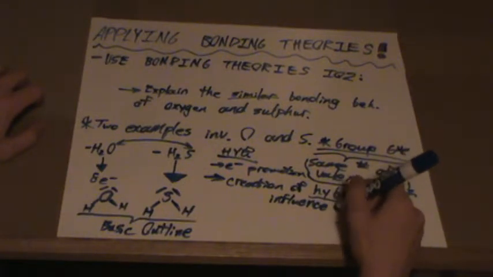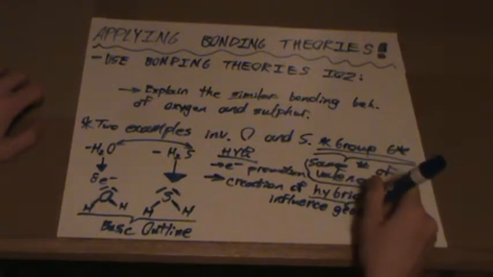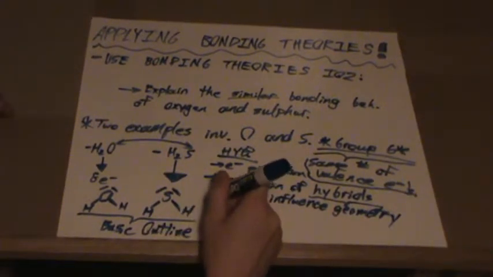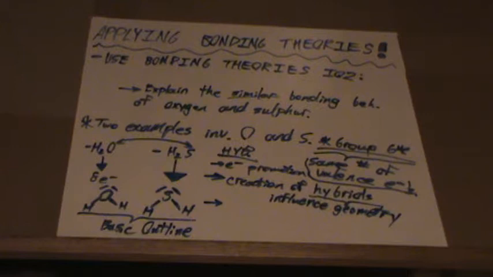So influence geometry. And this is something we've got to keep in mind when we're talking about sigma and pi bonds later, and that is the next step. So the creation of the hybrids.